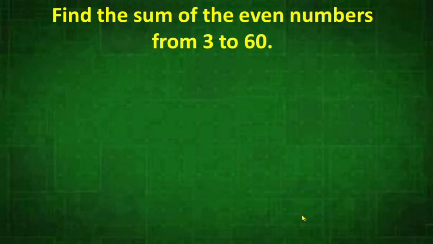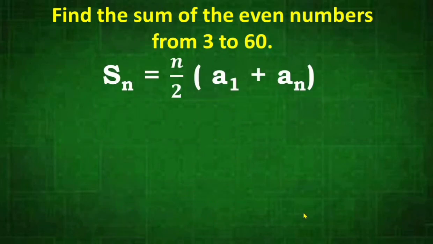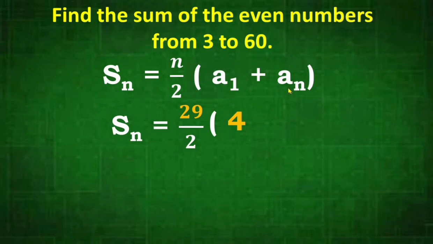So let's proceed now to the formula S sub n is equal to n over 2 multiplied by a sub 1 plus a sub n. So since n is equal to 29, we're going to have now 29 over 2. Our first term is 4 and our last term is 60. Okay, let's simplify 29 divided by 2.